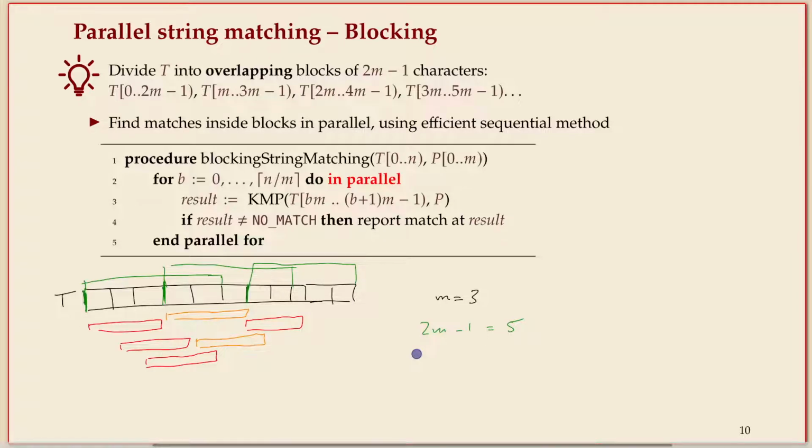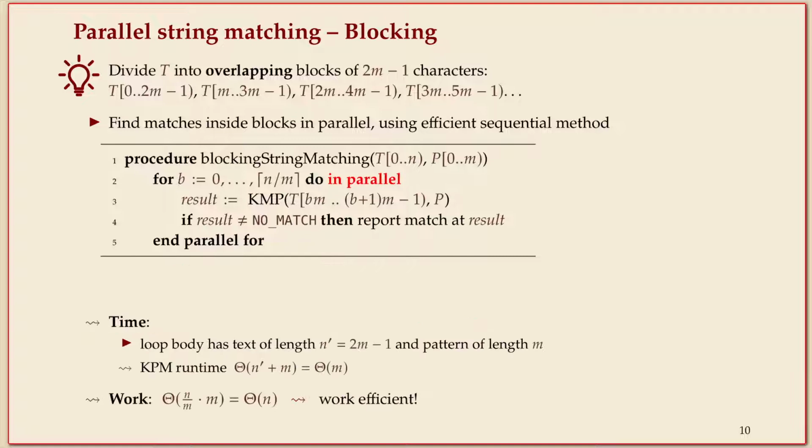Again, second question, how good is this algorithm? If we look at the time, parallel time means this parallel loop doesn't count. It's happening all at the same time. So we just have to find out how long the loop body takes.